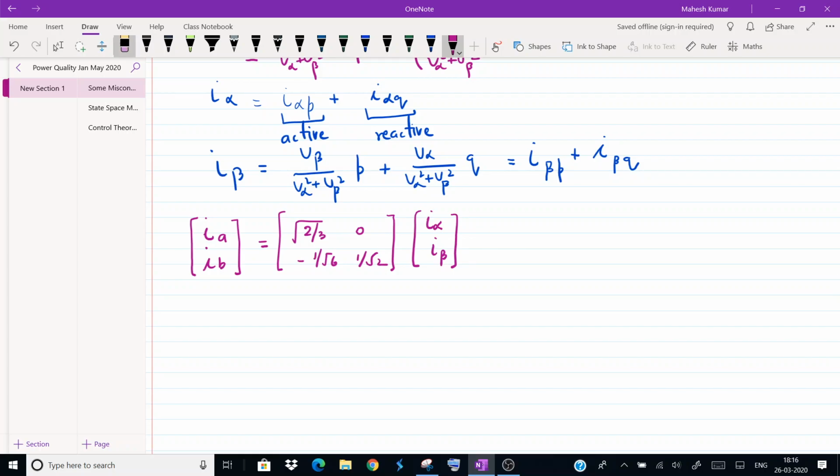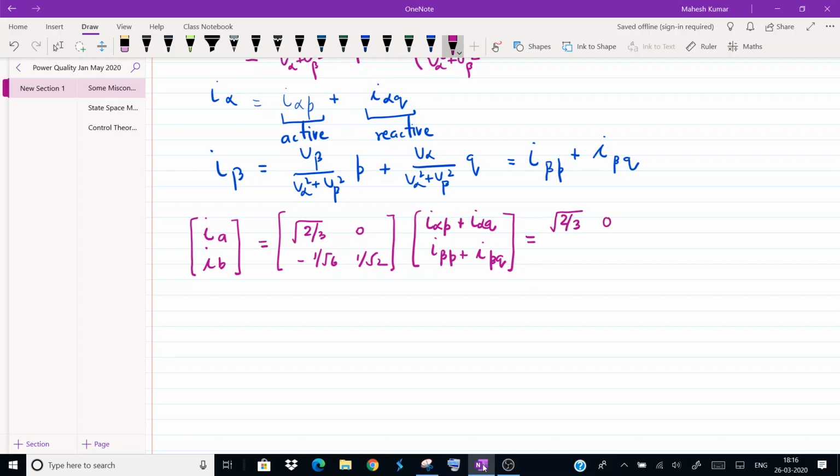Now I will express I alpha as I alpha P plus I alpha Q, and I beta as I beta P plus I beta Q, which means it is the matrix of each term.